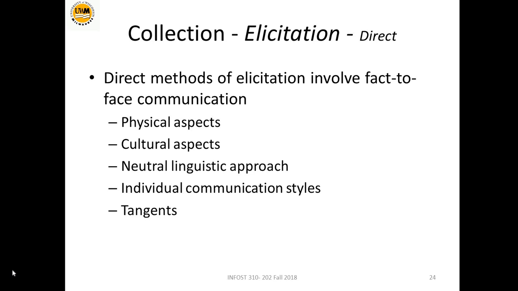We need to pay attention to physical aspects, where and what objects, and cultural aspects, what is the culture and the environment. We need to have a neutral linguistic approach, an approach that is understood by everybody. We need to pay attention to different individual communication styles.